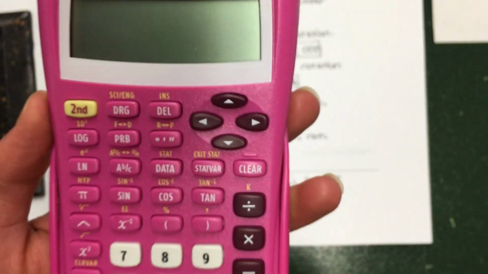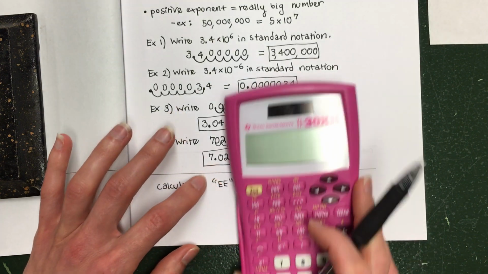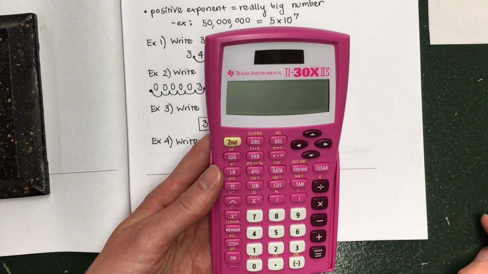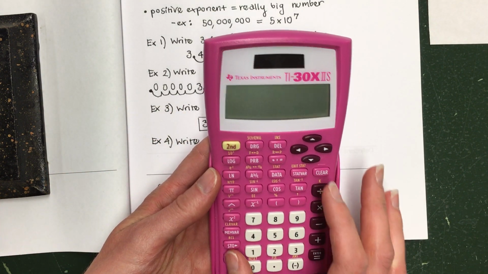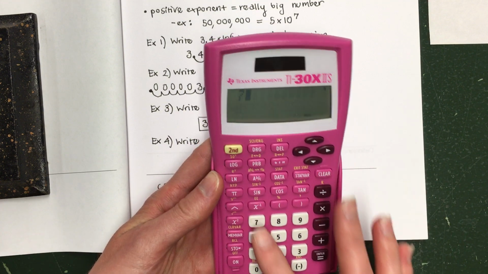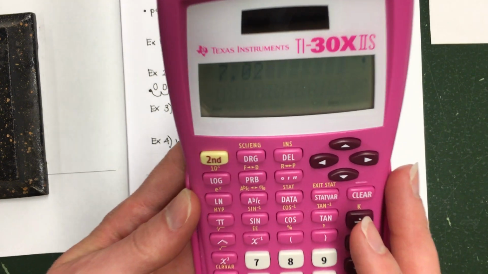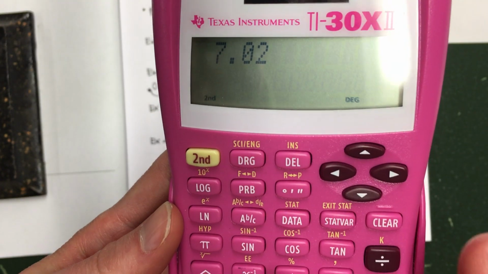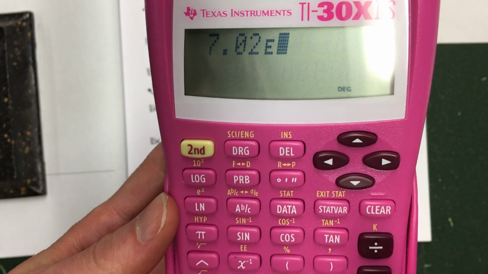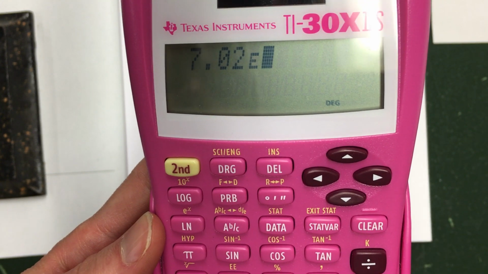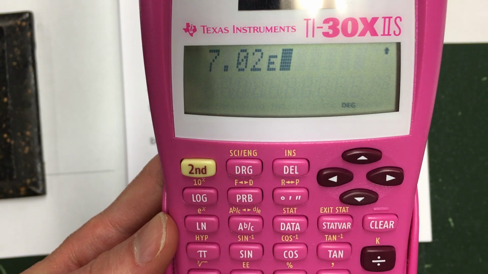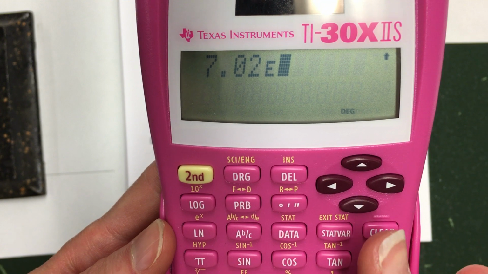Capital E. So, to do 7.02 times 10 to the 8th, I would just type 7.02, and then I have to hit the second button to get that capital E. So I hit second, and then that capital E means times 10 to the. So I don't have to hit times, I don't have to hit 10, and I don't have to hit the exponent button.